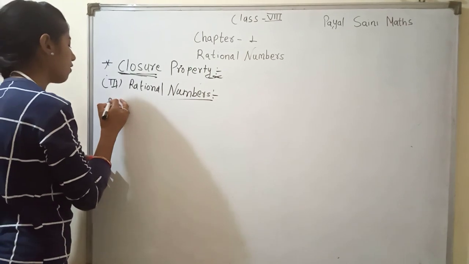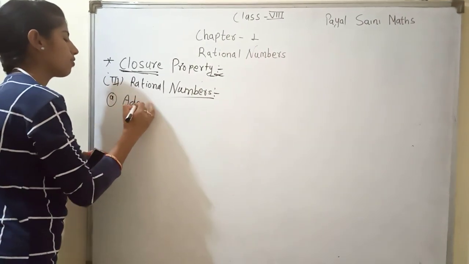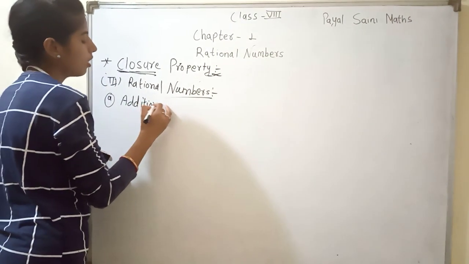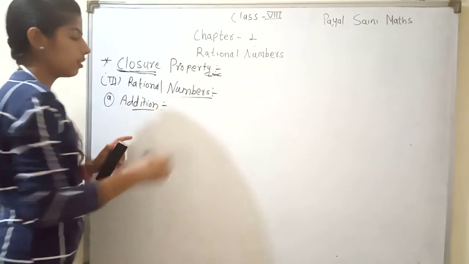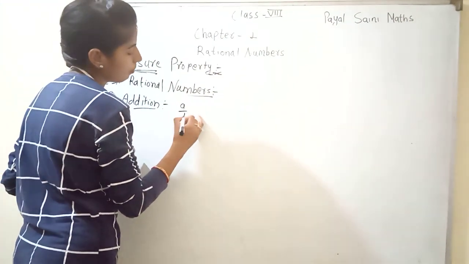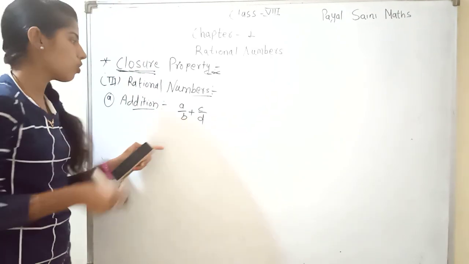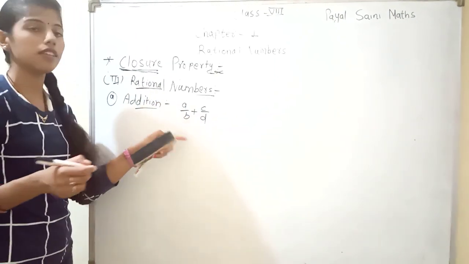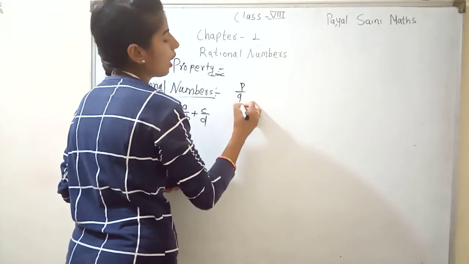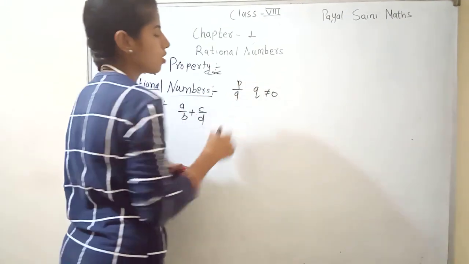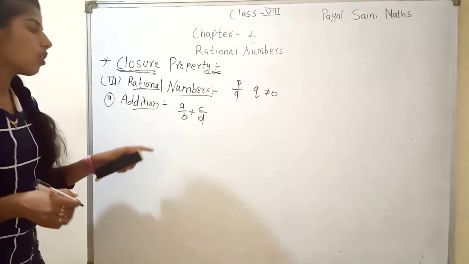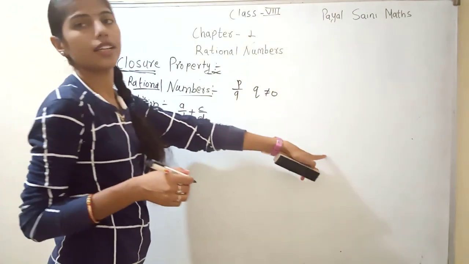First we start from addition of rational numbers. We know how we write addition: a by b plus c by d. Why do I write a by b? Because we know that a rational number is written p by q, and q is not equal to 0, and p and q are integers.